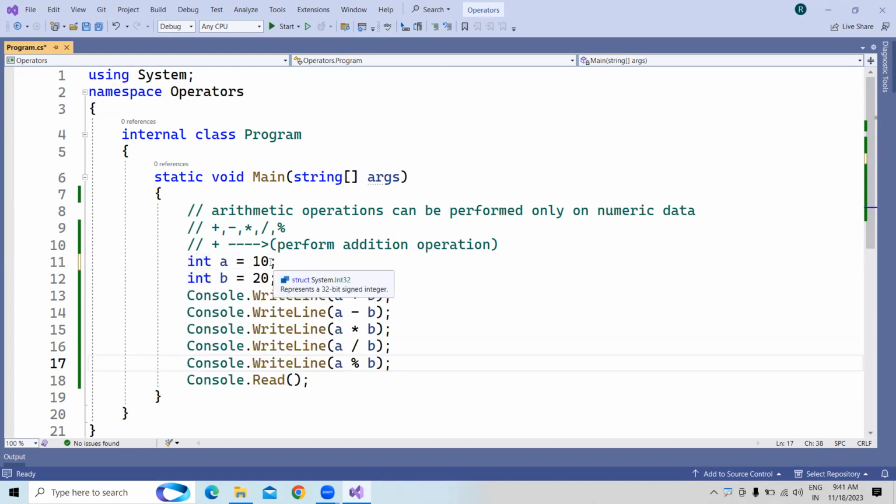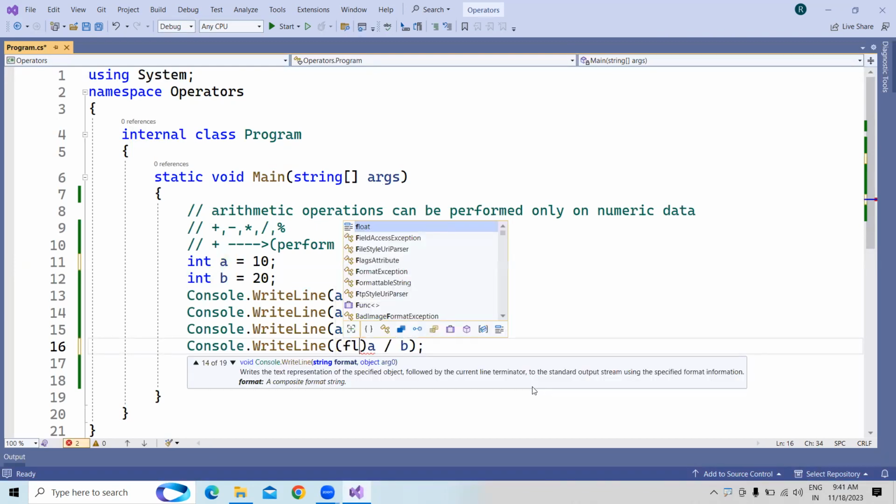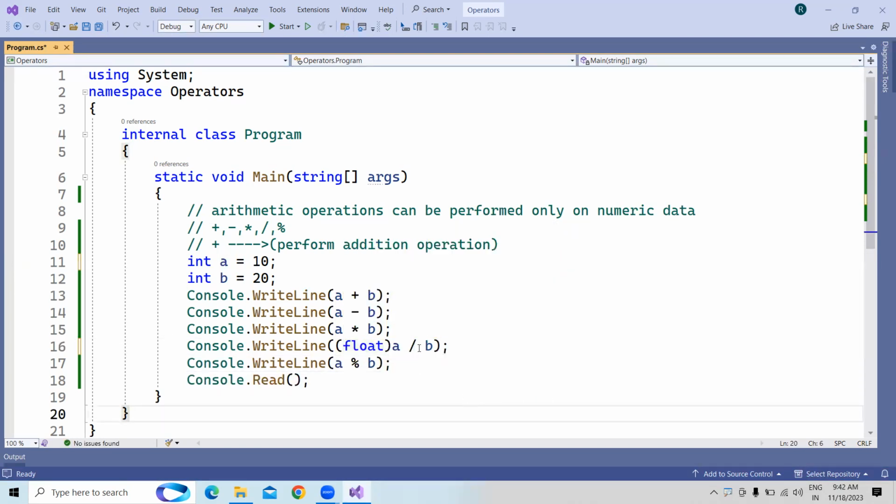Otherwise, I keep the data type of the a variable as int. I am going to store 10 only, but I want to get the result of the division in float format. So you can specify an explicit conversion. I want the result in floating point format because the division operator gives an integer result, and I want to consider that result in floating point format.